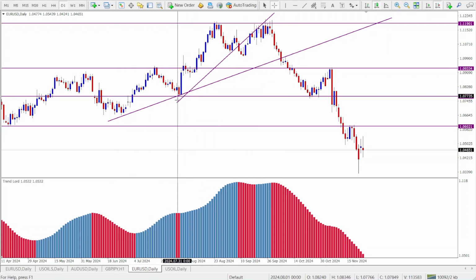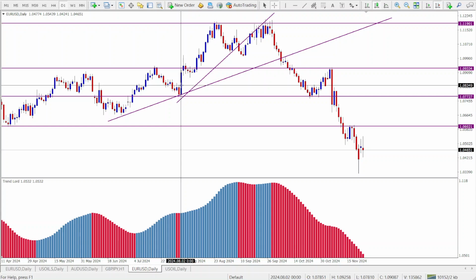There was a confluence here. The trend line was giving us a buy signal because price was bouncing off it. At the same time, this horizontal support was giving us a buy signal because the price was bouncing off it. And at the same time, the Trend Load indicator was giving us a buy signal with the aid of these blue lines or blue bars. So this would have been a great place to enter a buy trade.